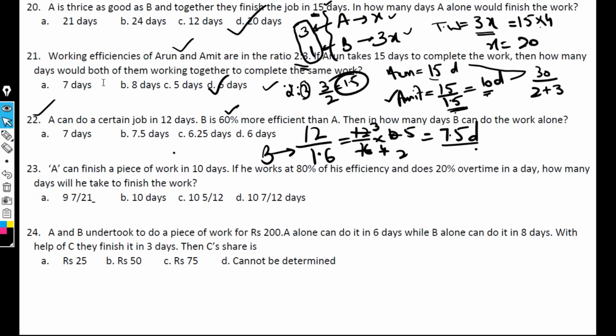Solve the 23rd. Right, right, right. Come on, guys.